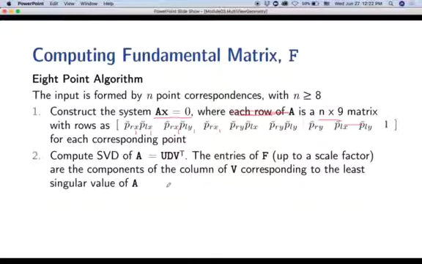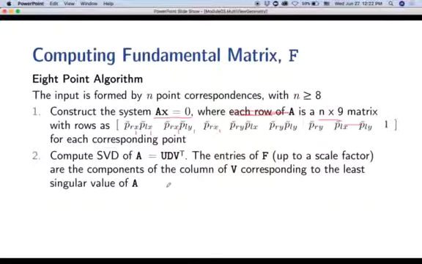Within the solution was harder. So I found the solution, but the problem is this F matrix may not have exactly rank 2. If all the data was perfect with 0 noise, then indeed it should have rank 2 even if I solve it this way. If the data is perfect and the solution is perfect, it should come out to be rank 2.